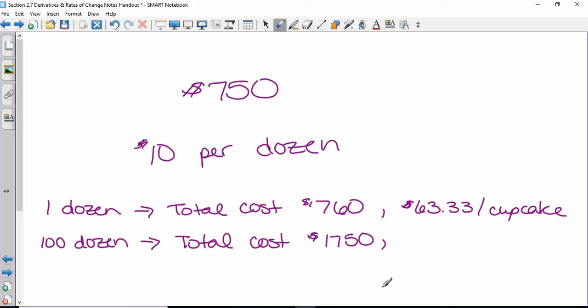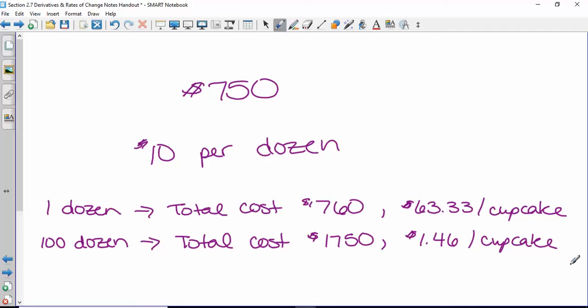Why did I take 12 times? So my cost per cupcake, so 100 dozen, that's 1,200 cupcakes. So if you take your $1,750 and divide by your 1,200 cupcakes, it only costs me $1.46 per cupcake that time.